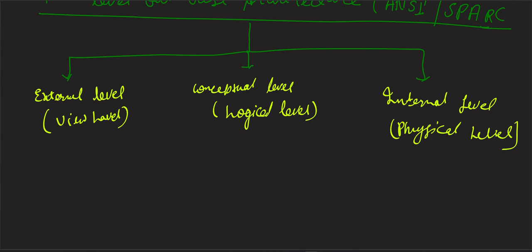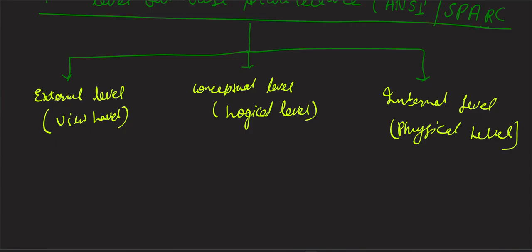The external level is close to the end users. It defines how individual users see the data, and different users may have different views. For example, you are a college student, and on the portal you can see your marks, your result, or attendance.